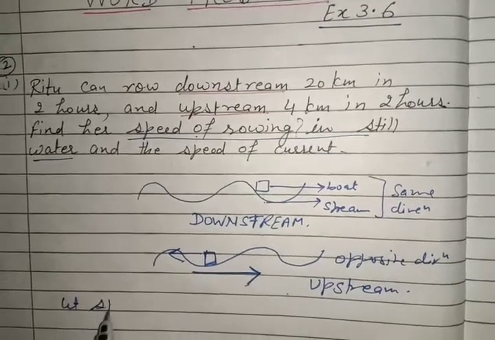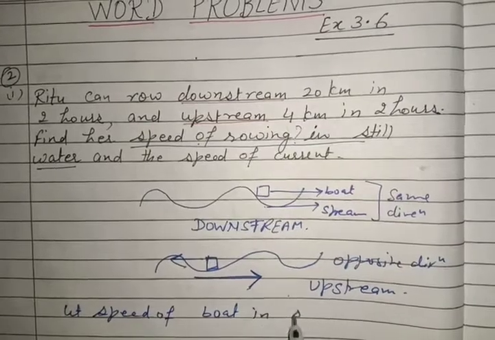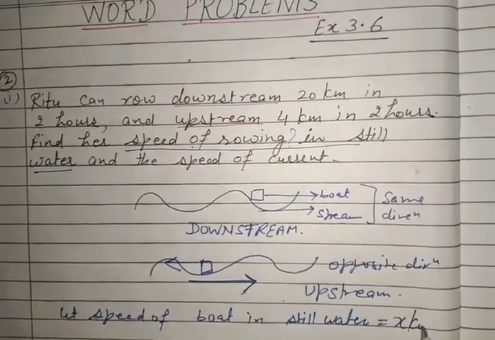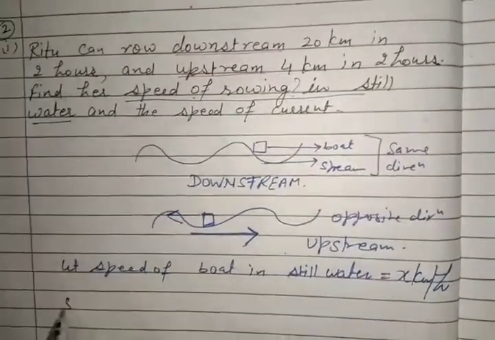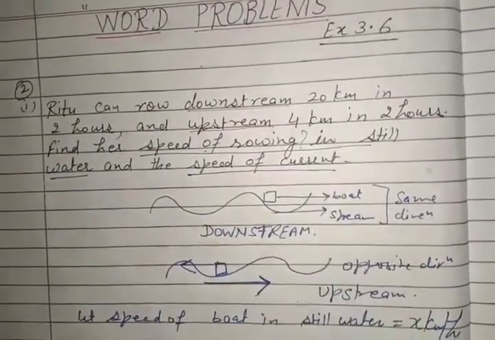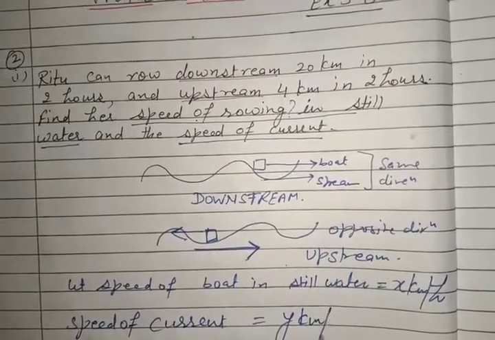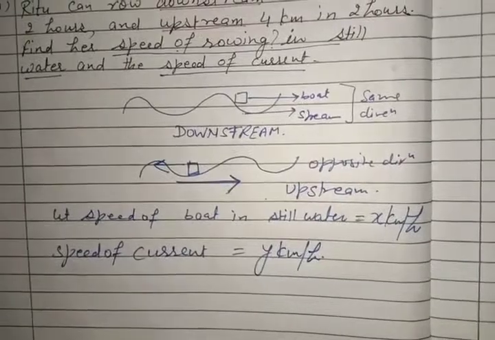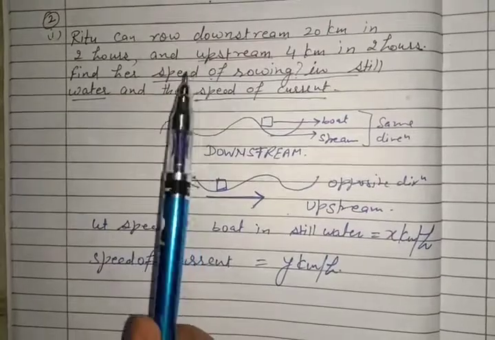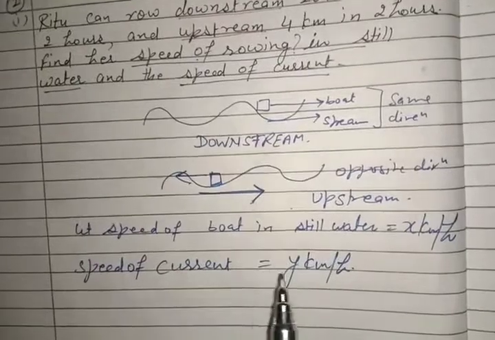So let the speed of boat in still water be x kilometer per hour, and the speed of current be y kilometer per hour, because we are doing the chapter linear equations in two variables and there are two things that we need to find: speed of rowing and speed of current. So it means speed of boat and speed of current.